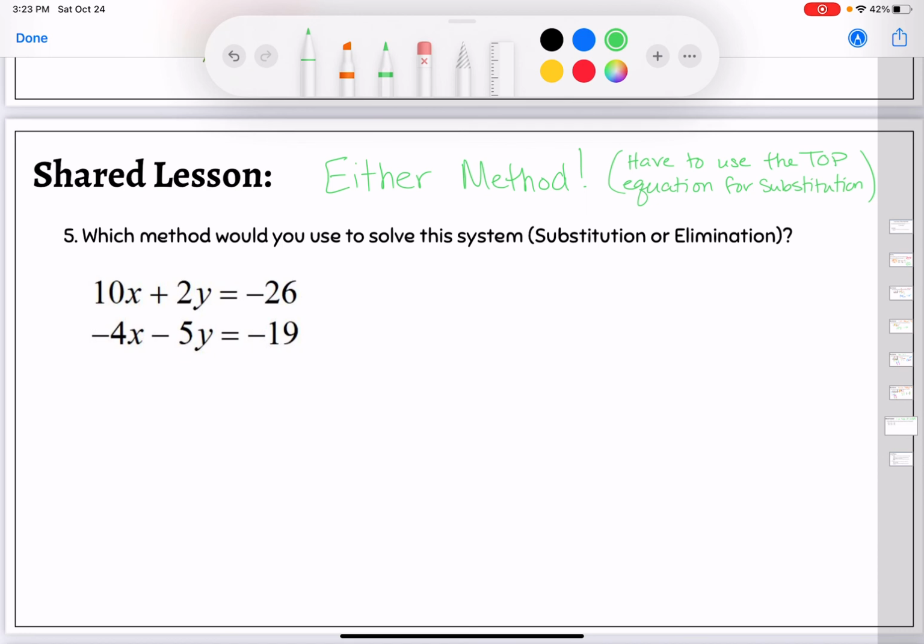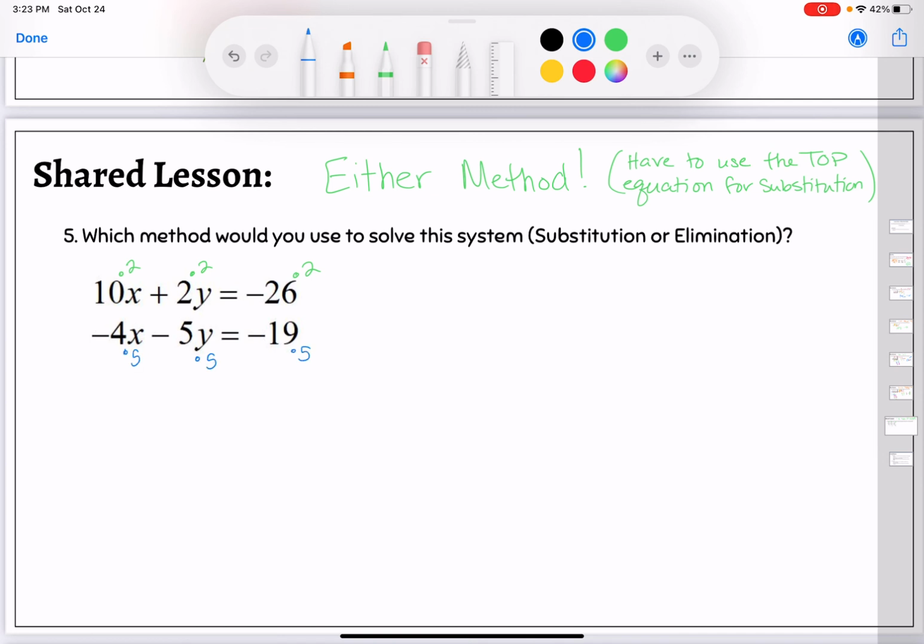Or if I went to get the y's to eliminate, I'd multiply the top equation by 5 and the bottom equation by 2. So, I don't know. I think I'll go to eliminate the x's. So I'm going to multiply the top equation by 2 and the bottom equation by 5.